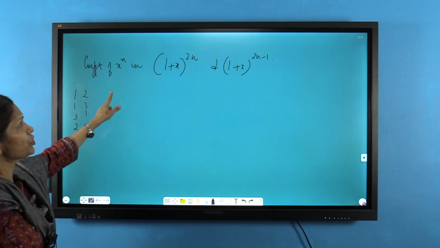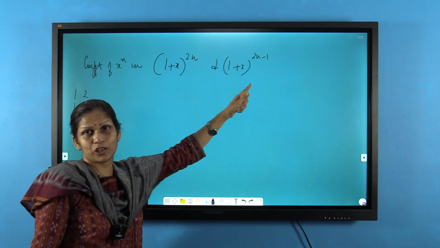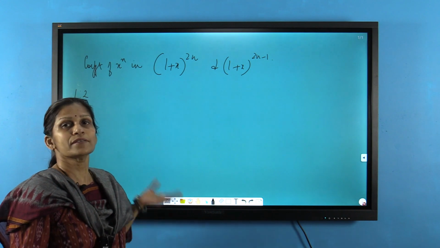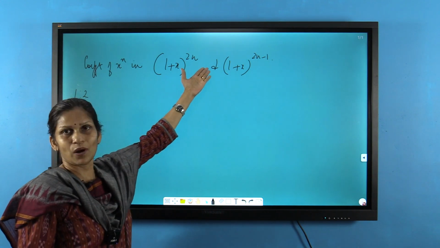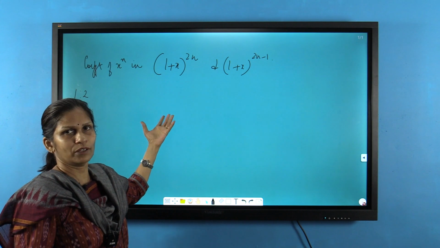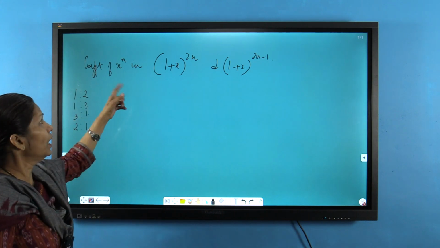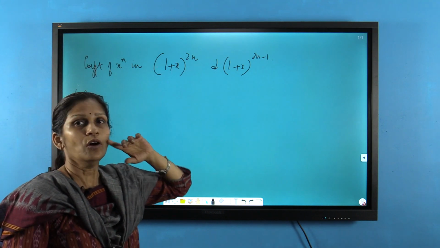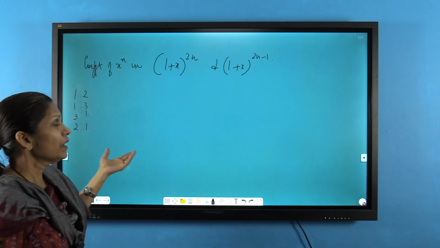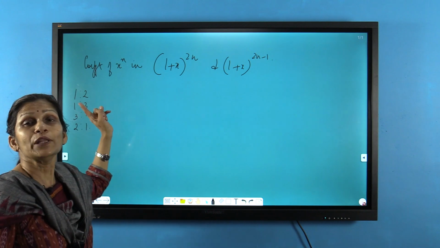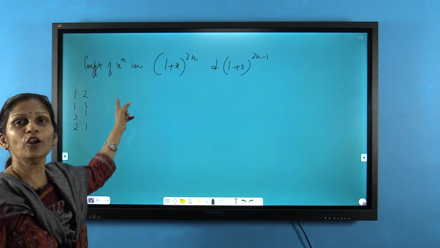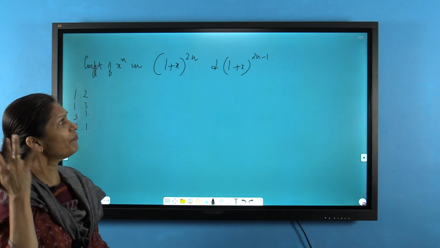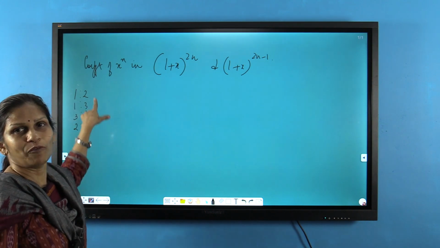The coefficient of x raised to n in the expansion of both these. One way, the long way, is that there are 2n plus 1 terms here, find the middle term and all that. That is one way of doing it. Find the terms in x raised to n by the general formula for both these. But here the options are given to you. One of these 4 is going to be the answer. So, whatever be the value of n, it is going to be one of these 4.